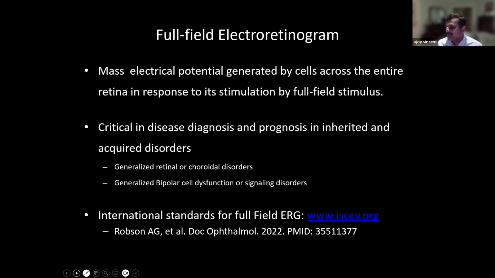But it can be retinal, choroidal, or can involve bipolar cell dysfunction, and in all these categories of diseases, it is informative. There are published guidelines from the International Society for Clinical Electrophysiology of Vision, which should be followed so that the tests can be performed reliably and the results can be interpreted reliably.